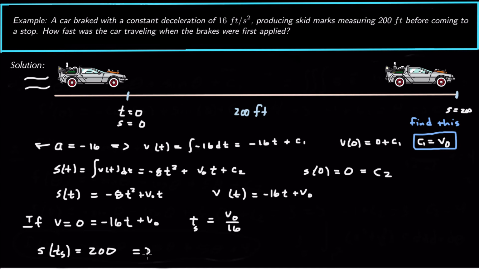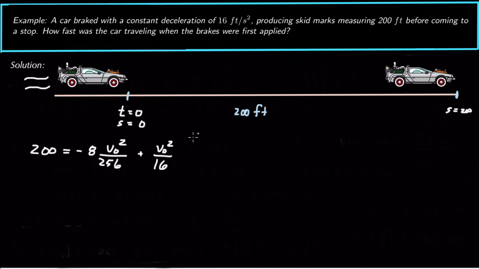So 200 equals negative 8 times (v0 over 16) quantity squared plus v0 times v0 over 16. After we simplify that a little bit, we get negative 8 v0 squared over 256 plus v0 squared over 16. We can combine that into a single fraction and get v0 squared over 32.